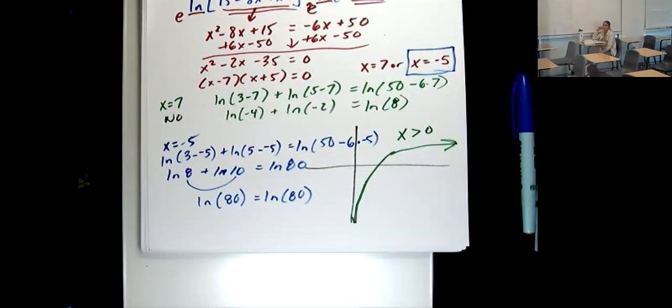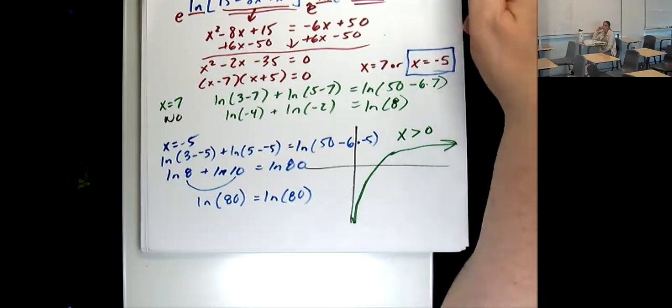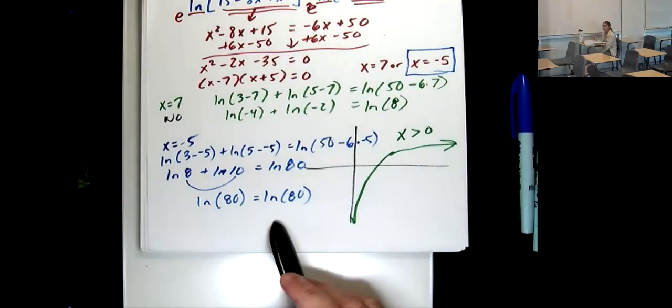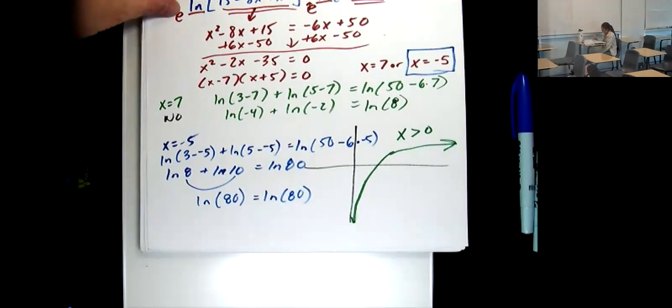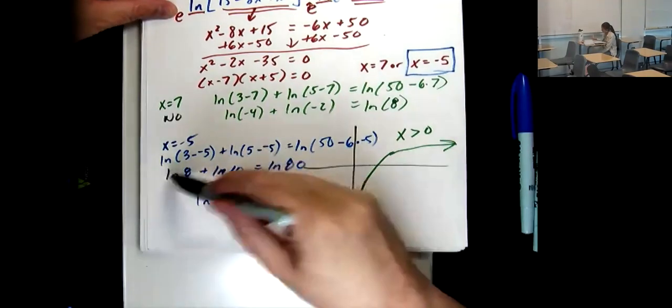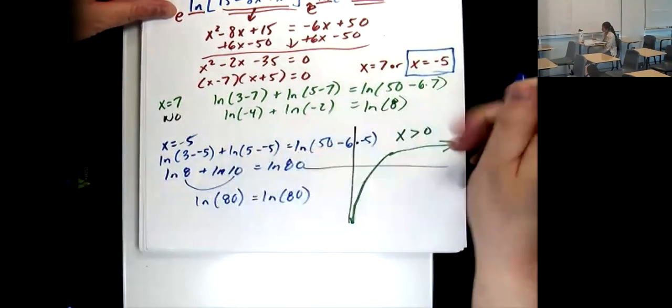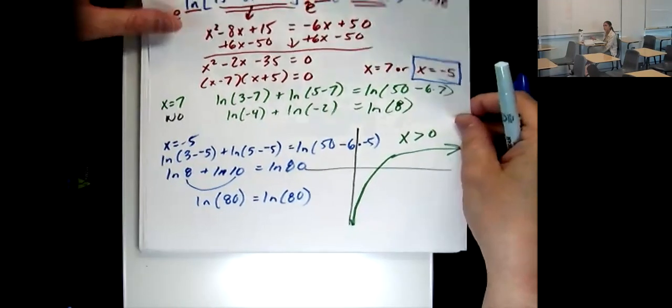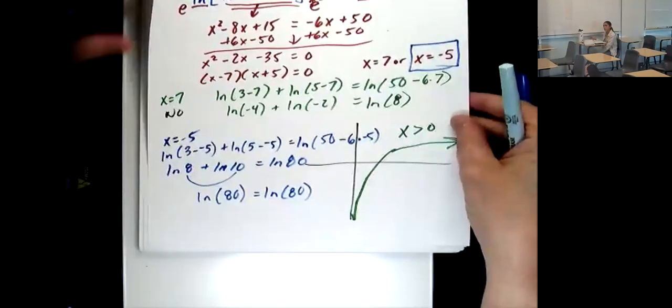You know how it works. But assuming everything along the top was correct, yes. It's worth getting to this point right here, because then you can see they're equal. You can even do that in a calculator without having to remember that step: ln 8 plus ln 10, find out what that is, and then do ln 80 in the calculator and make sure they're the same.